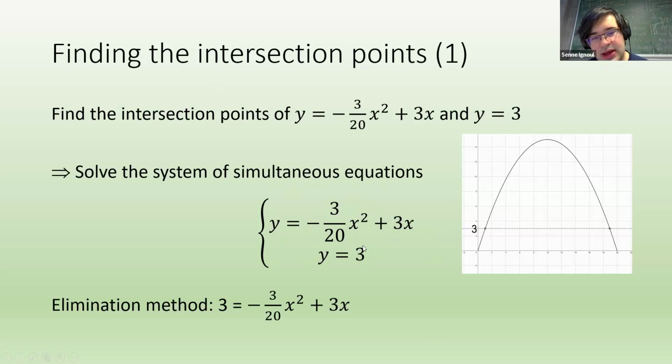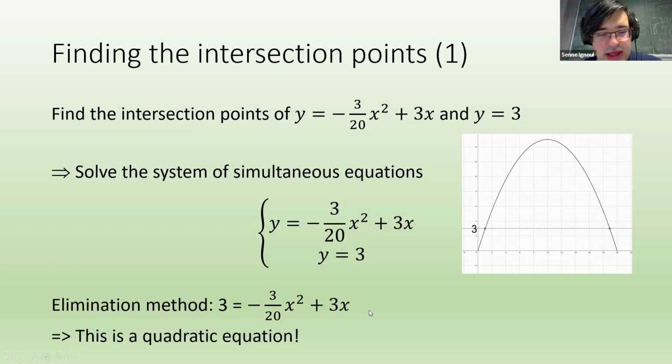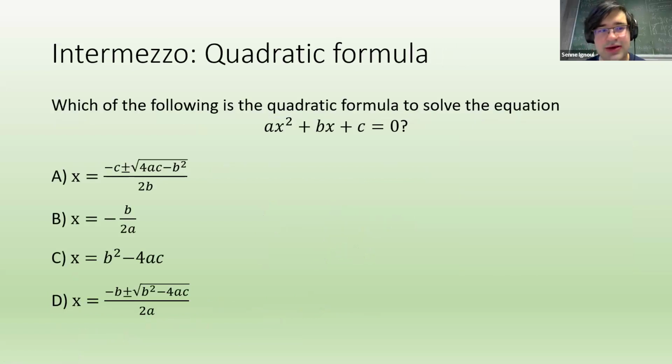If this is y and this is y, then both of them should be equal to each other. This is what we called the elimination method. And if we do this, we get a quadratic equation. And we know how to solve quadratic equations, namely with the quadratic formula.